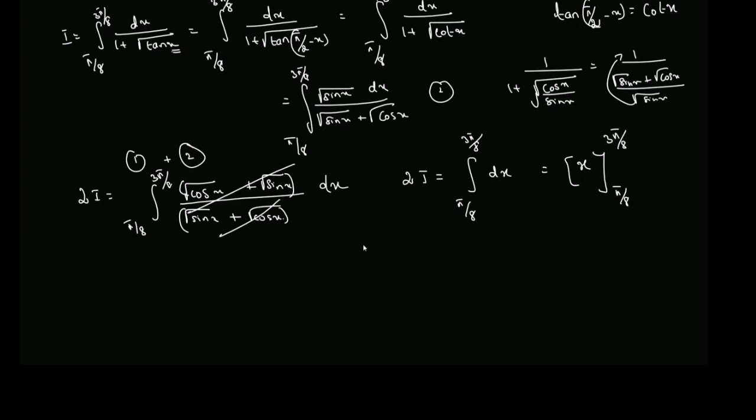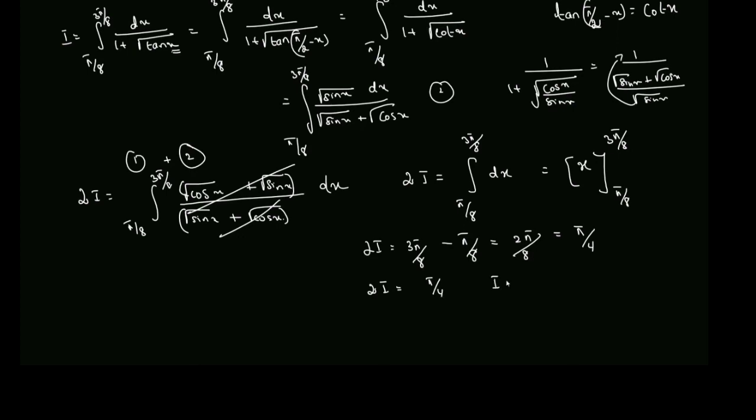Using the upper limit first, 3 pi by 8 minus the lower limit pi by 8, so 2 pi by 8, which is pi by 4. So 2I is pi by 4, and I is equal to pi by 8.